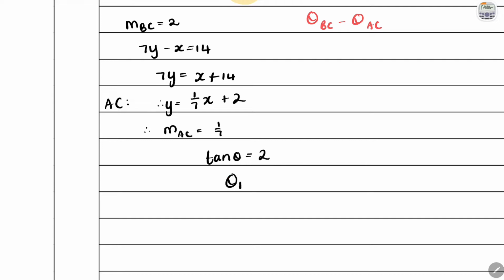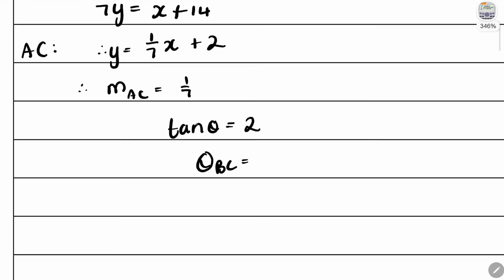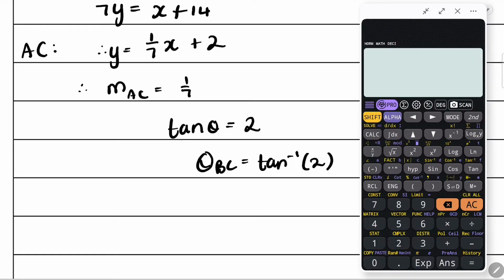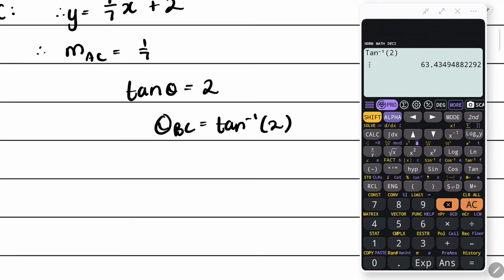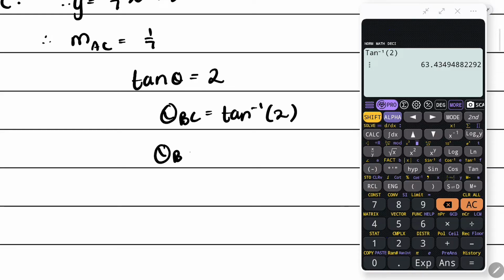To find that angle, we use the inverse of tan on both sides. You can also see this as transposing tan, so it becomes its inverse. So arctan 2. On your calculator, you just say shift tan of 2, and it gives that. Now, I don't want to round off yet, just because I would like to make it as accurate as possible.